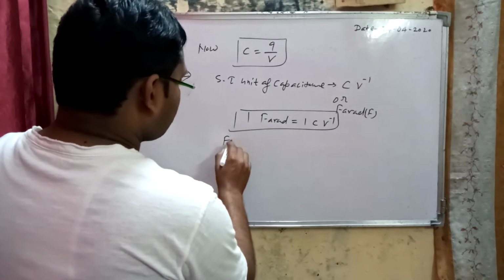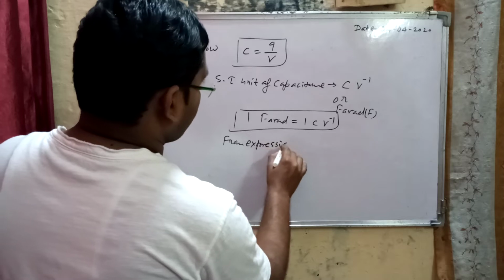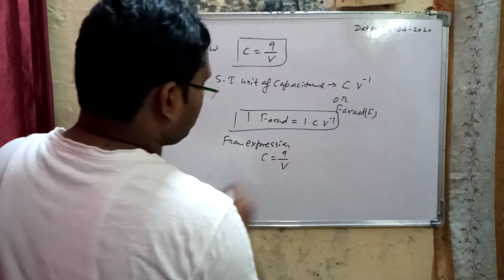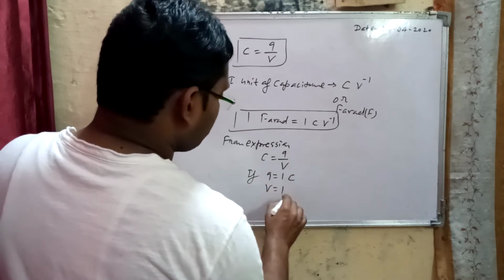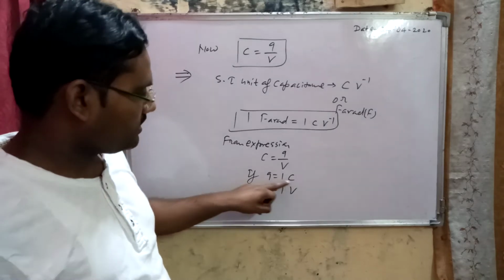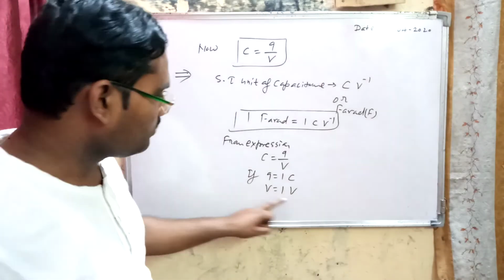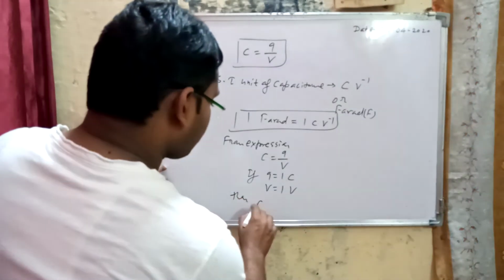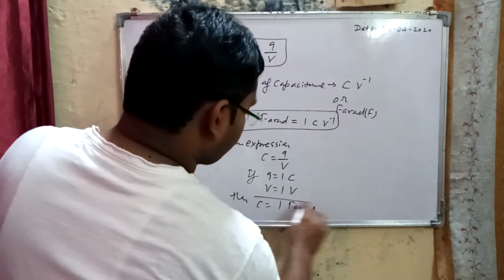From the expression C is equal to Q by V, if Q is equal to 1 coulomb and V is equal to 1 volt, that means the charge given to the conductor is 1 coulomb and the corresponding increase in potential is 1 volt, then C is equal to 1 farad.